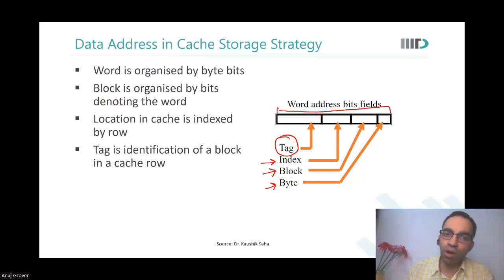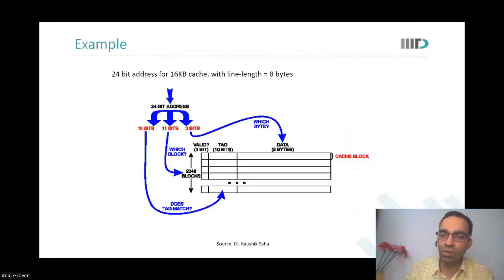Block will tell you which word in a given block. So for example, if your block is 16 words, which of these 16 words in the block do you need to access? Then index, by row, and then tag. What do they all mean physically? Let us look at that also.